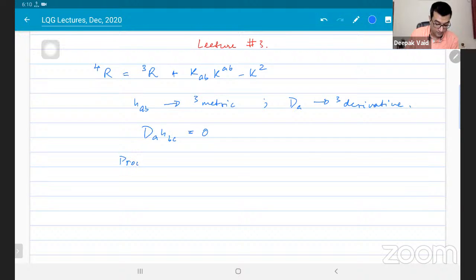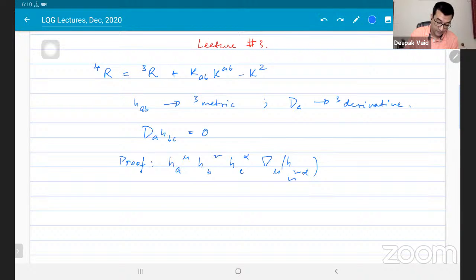Again, you can prove this by using the definition of the derivative. So it's a projection: h_A^mu, h_B^nu, h_C^alpha, then grad_mu h_nu alpha.